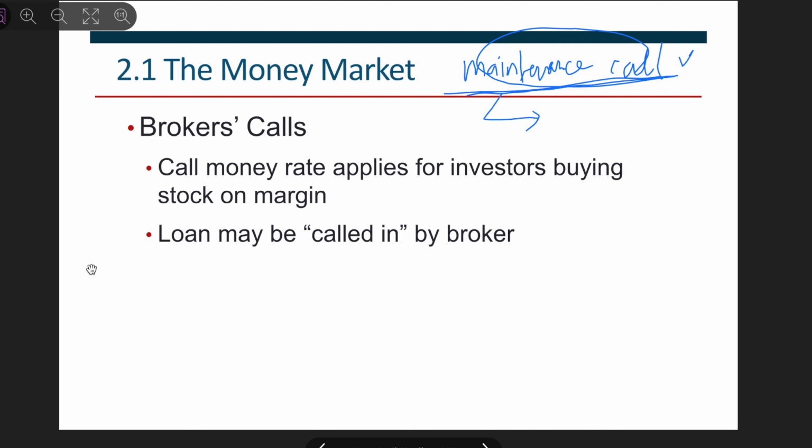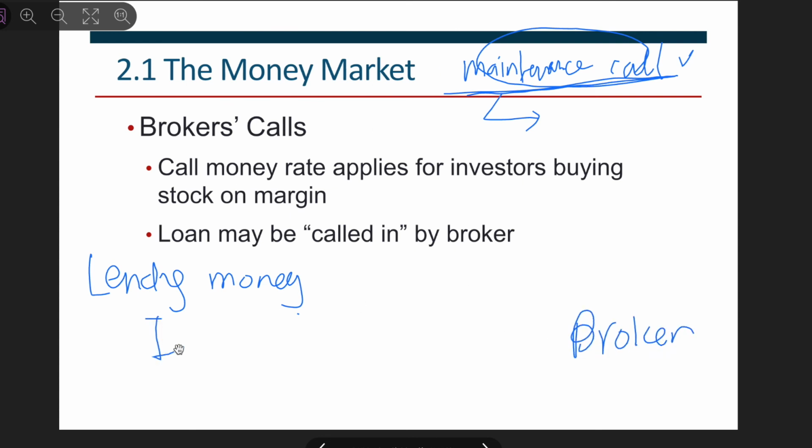Everything is about lending money, right? So here we have the broker and the investor. I have initial funding of $10,000 and I want to invest in the stock market.